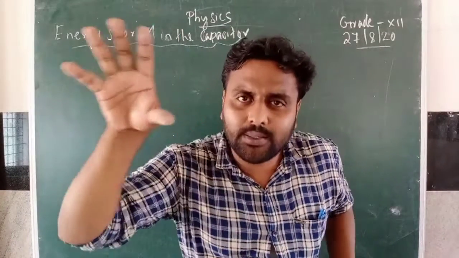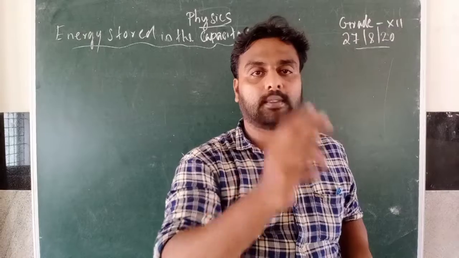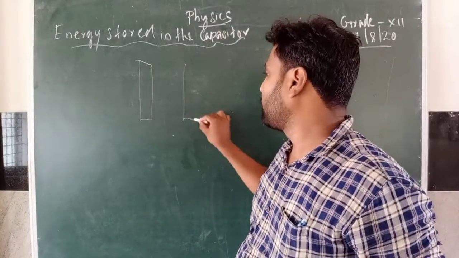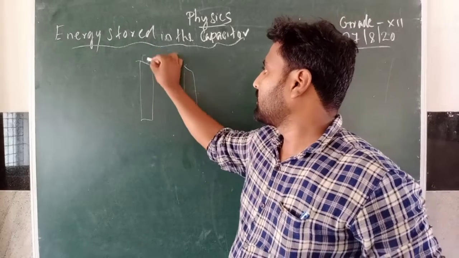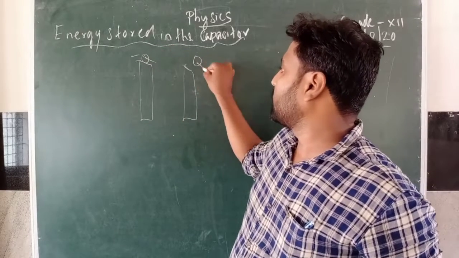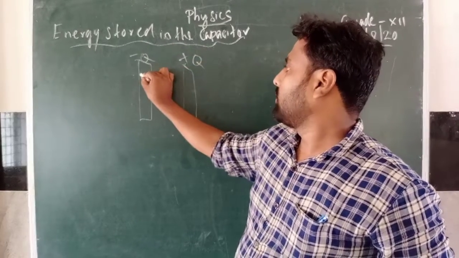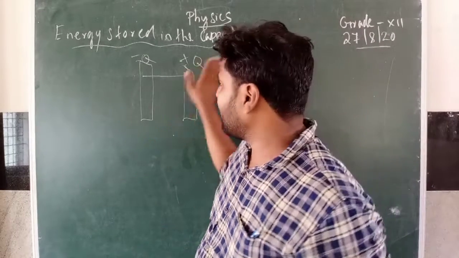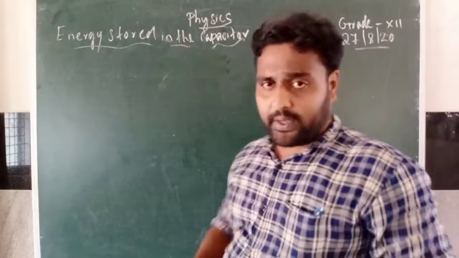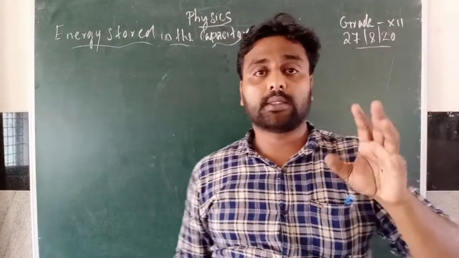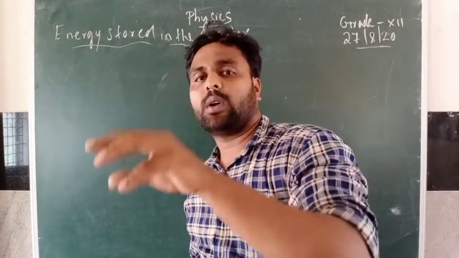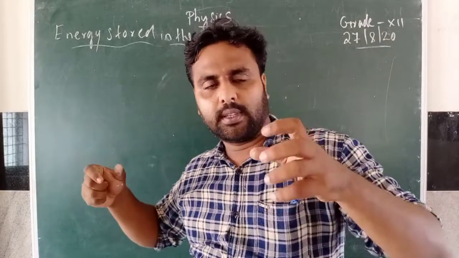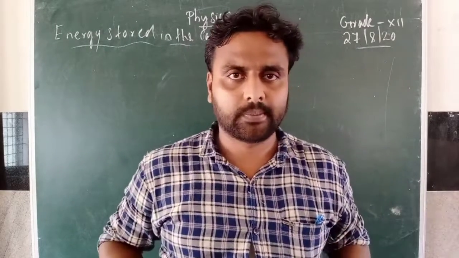Like this, a two plates capacitor. Suppose assume this is minus Q, this is plus Q. When these electrons are transferring from one plate to another plate, some work is done.